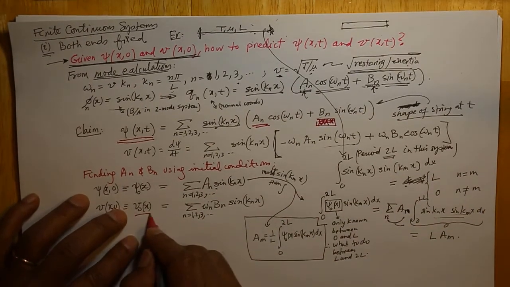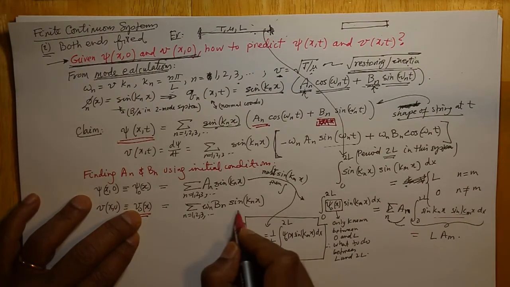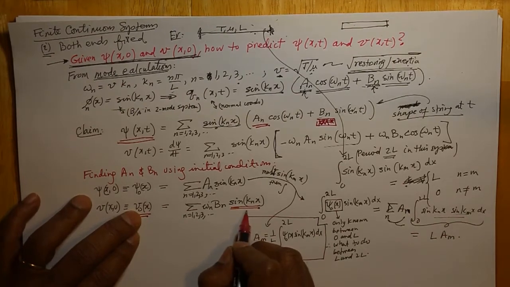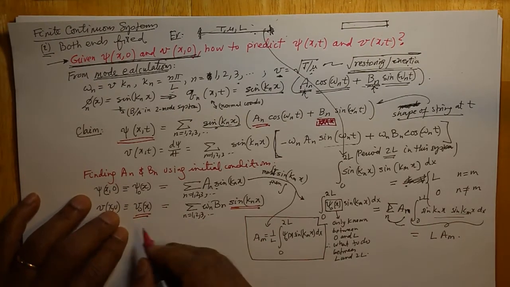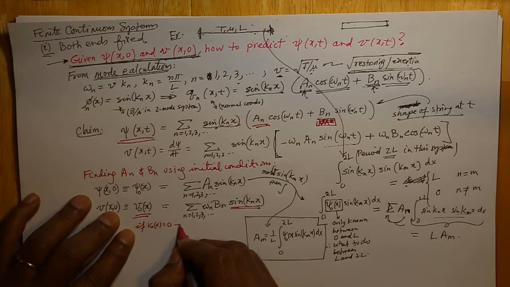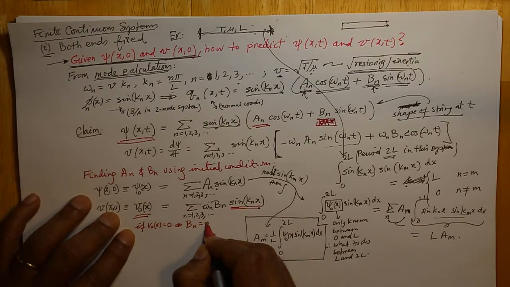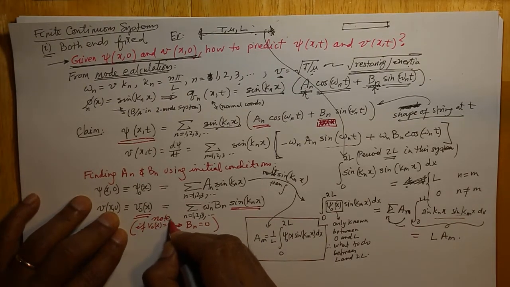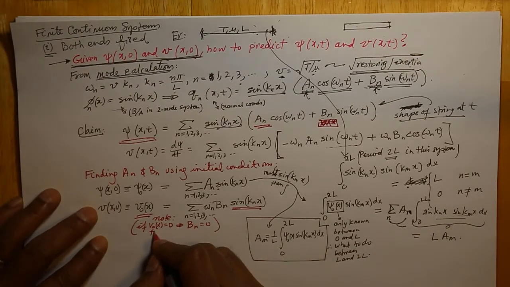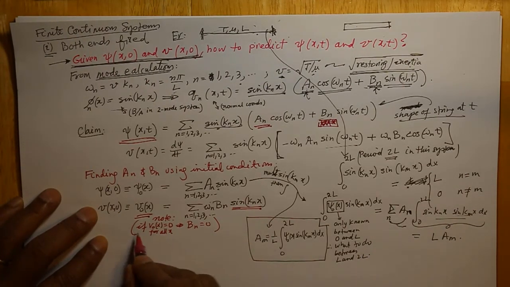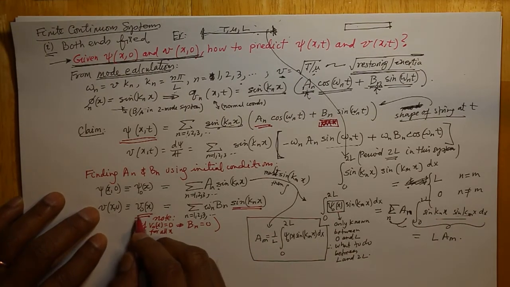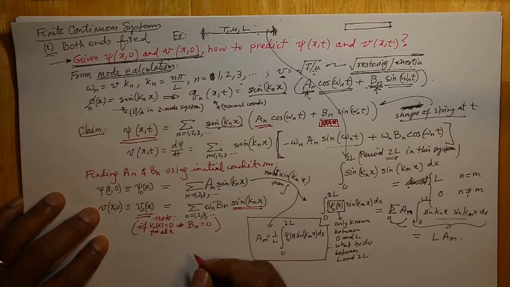If the velocity v0 x was 0 for all x, and each one is an independent direction vector, so to say, then you can see the b's will all be 0. That's a simple case.